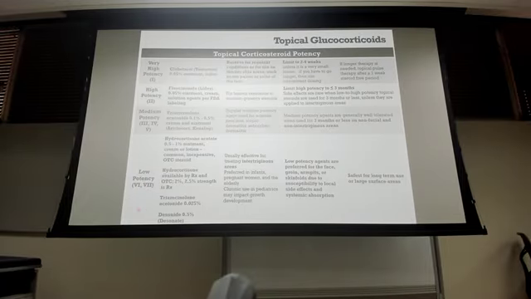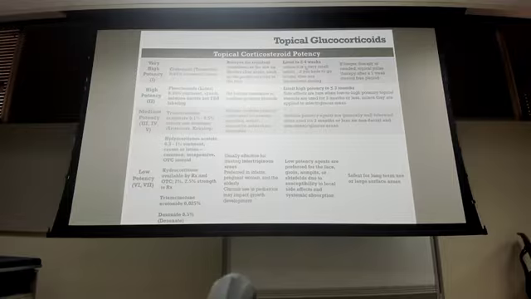Okay, again, this is just putting these drugs in here so that you can see them all on one chart, and then talking about what we've already discussed with when we're going to use them. So you saw these in the different charts already. So my resistant areas, thicker areas, I'm going to make sure that it's in that ointment form to use those very high potencies.